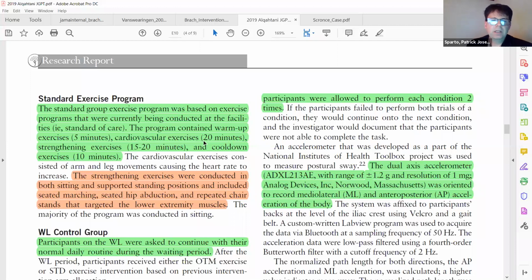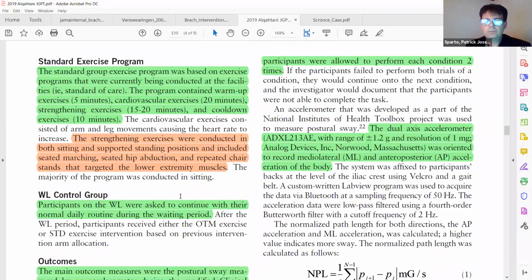The difference is that cardiovascular exercises are done for 20 minutes, and then again, strengthening exercises. For these strengthening exercises, we had a little mistake in the article where it said some of those were in standing positions. Those were done in seated positions. The cardiovascular exercises were also done in a seated position. In effect, that was the standard exercise group.